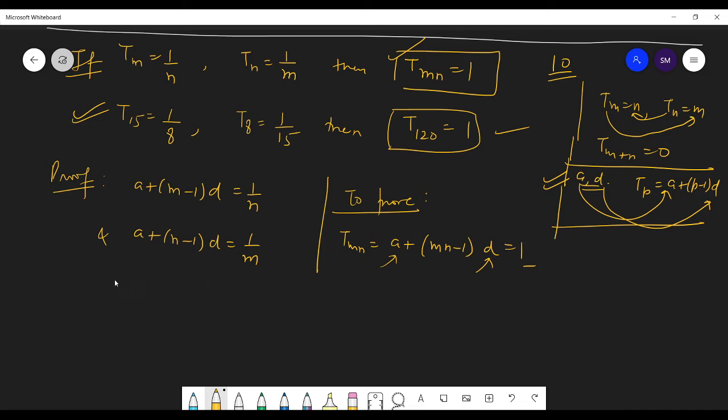So subtracting this, a will be eliminated. That's the purpose of subtracting them. What is the use of subtracting them? Because a will be eliminated, right? And we get the value of d in terms of m and n. Got it, students?